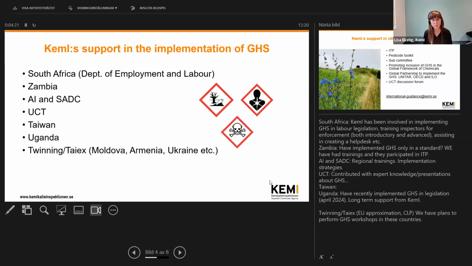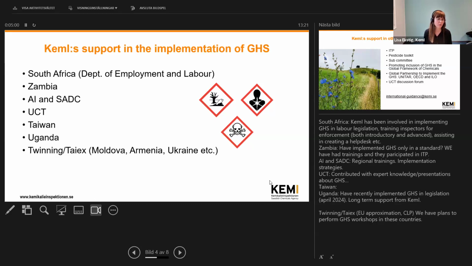And we have been working with everything from the implementation of GHS criteria in the country's legislation, to giving advice on what you should think about when implementing the GHS in legislation, to training mostly for inspectors, but also other stakeholders, both general training and really advanced training on the criteria, how to use them to classify substances and mixtures.